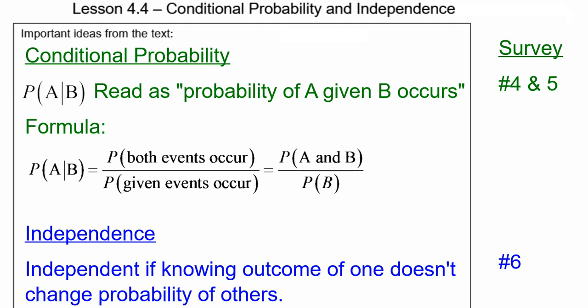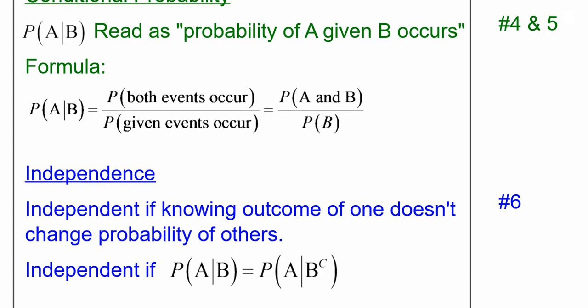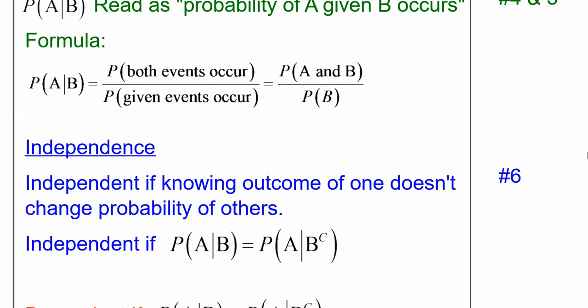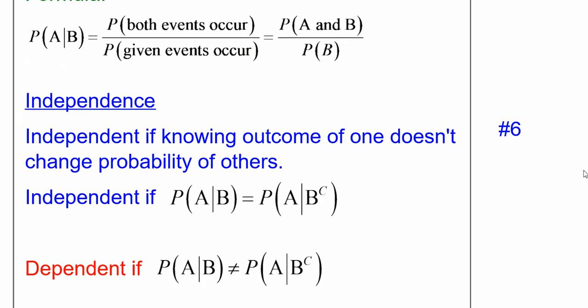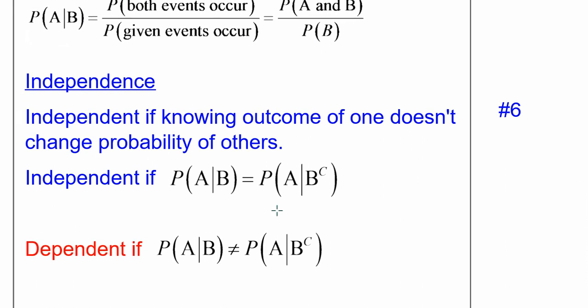The other part we were talking about was independence. So knowing if an outcome of one does not change the probability of others. So if there is no change, if I calculate the probability of event A happens given B, and the probability that event A happens when B does not happen, and they're equal, they're independent. If they are not equal here, right, when B is not occurring versus when it is occurring, that would show that it is dependent.